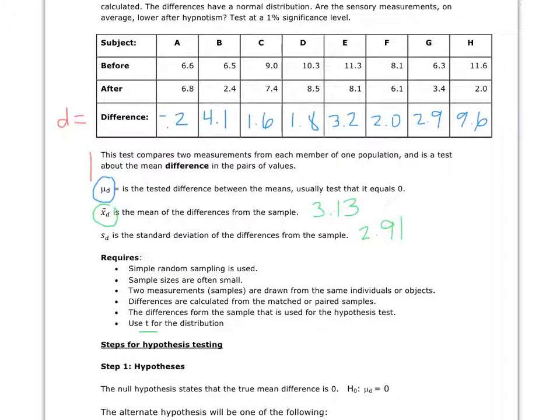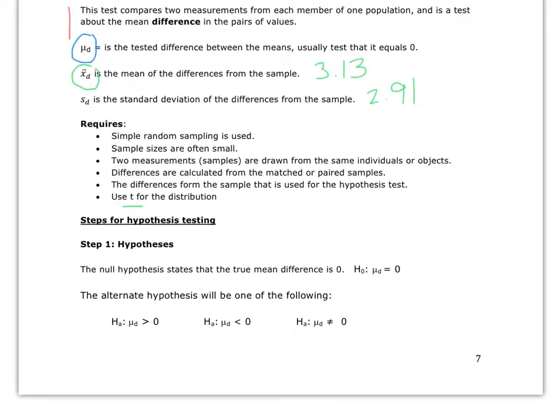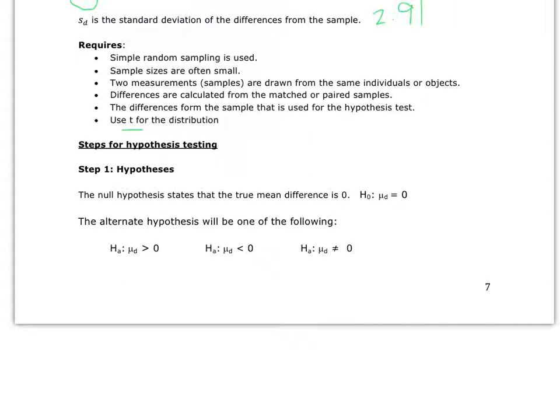Let's look at the steps, starting with the hypotheses. The null is always that this mean difference is 0. It's always that. And then we have three options: either the mean difference is greater than 0, it's less than 0, or it's not equal to 0.